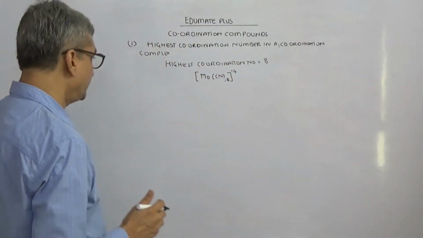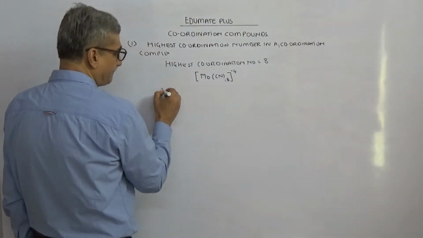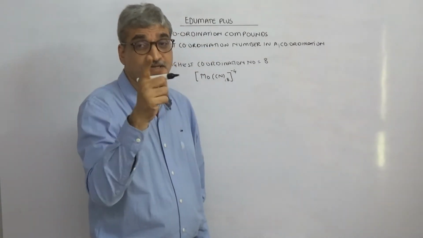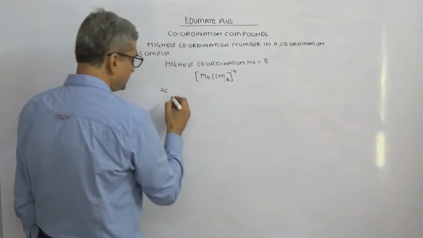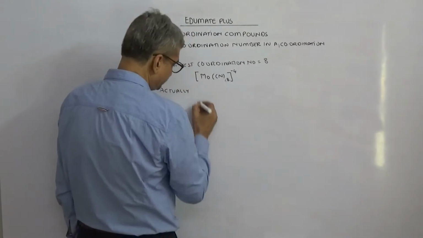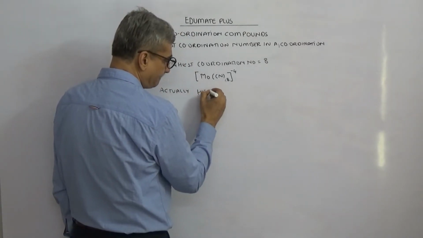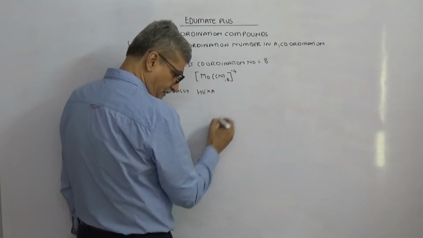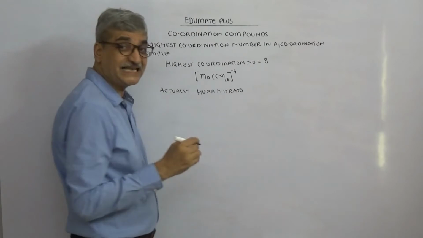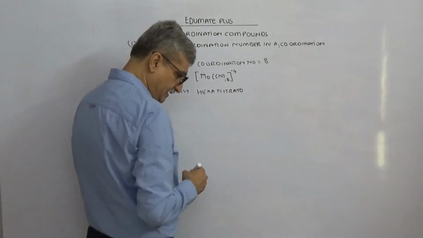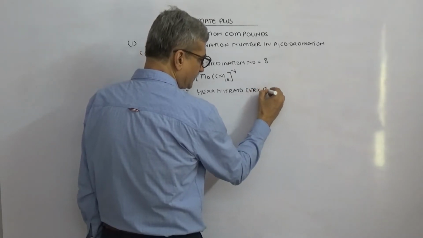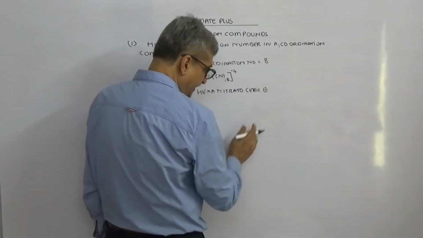But remember one thing, when you look at the distractors, and if the answer is 12, then the correct answer is 12. Why? Because actually, hexanitratocerate(III), that means nitrate is the ligand, NO3 minus. Hexanitratocerate(III), sorry, cerate, it will be an anion.